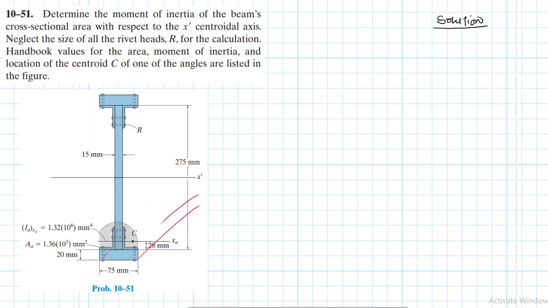This is an I beam, letter I beam. We have the top part here, which is also called the flange. The flange is connected to this other element here, which we can call a web.